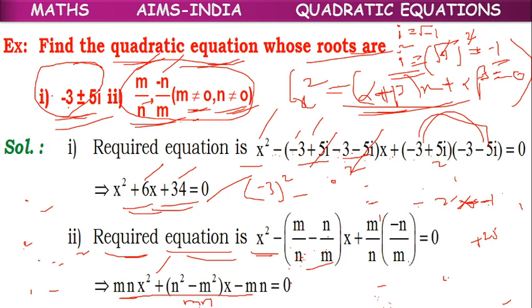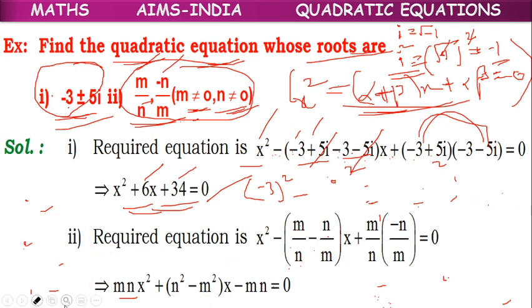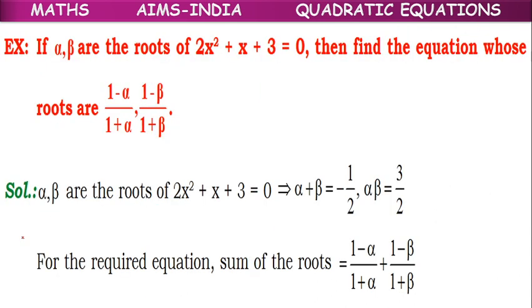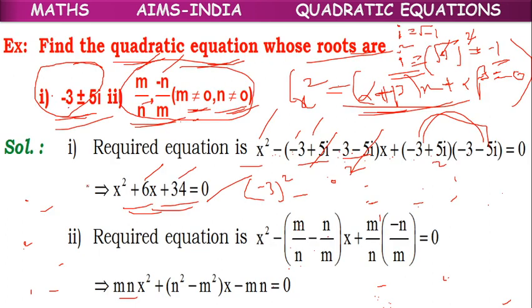If this mn goes to the right hand side, mn into 0 becomes 0. That's why we are not writing mn here. After simplification, we got this equation. By using the roots, we can write this equation.